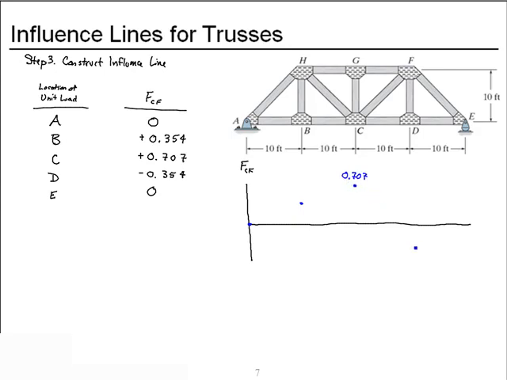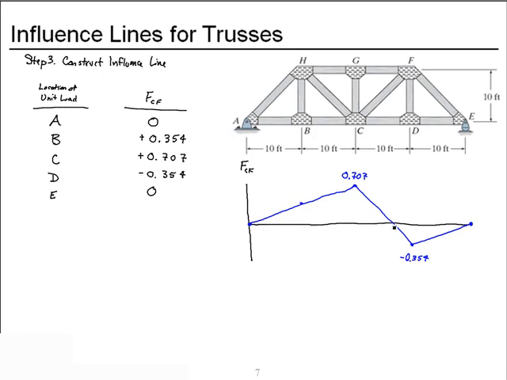At D, we get a negative 0.354. And then at E, we're back to 0. It's a determinate truss, and so each of these points must be connected by straight line segments, and we get an influence line that looks like so.